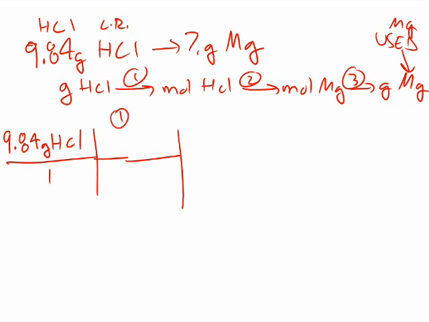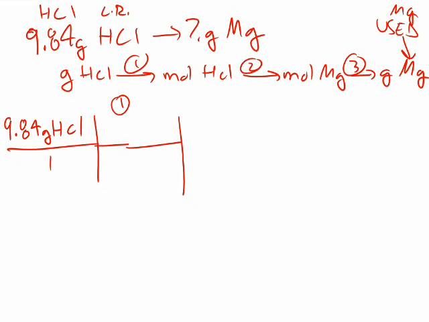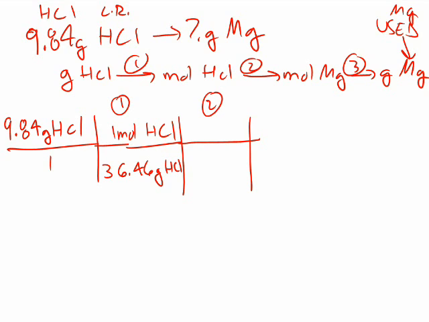So we start off right like we always do. 9.84 grams of HCl to moles of HCl. We have to go back to the equation to look at that. In 1 mole of HCl, we have 36.46 grams of HCl. We get that from the periodic table. It's a molar mass. From the equation, we know that there are 2 moles of HCl per 1 mole of magnesium.